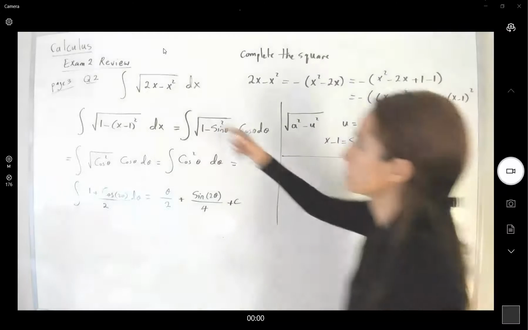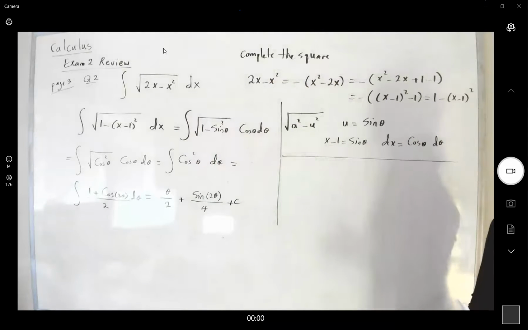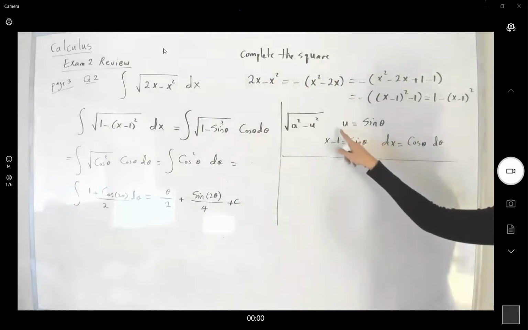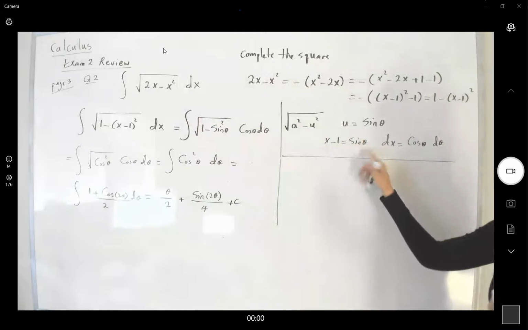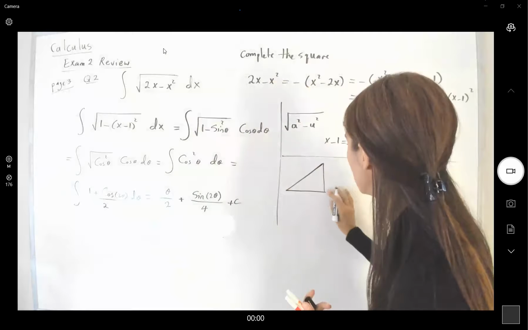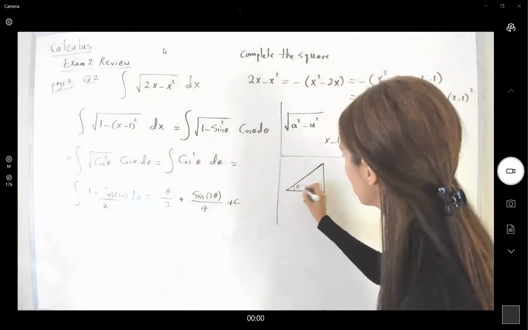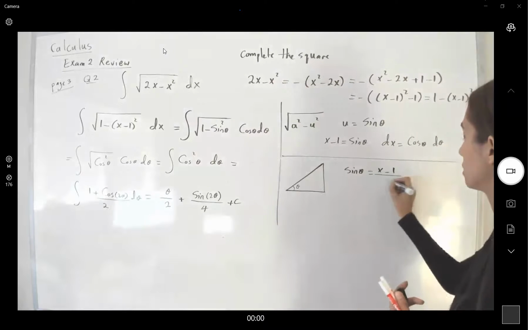Since the original integral is in x, we need to convert theta into x. So what do we have? We know that sine theta is equal to x minus 1. Based on this definition and the right triangle, we can find the missing measurements. Sine theta is x minus 1 divided by 1.